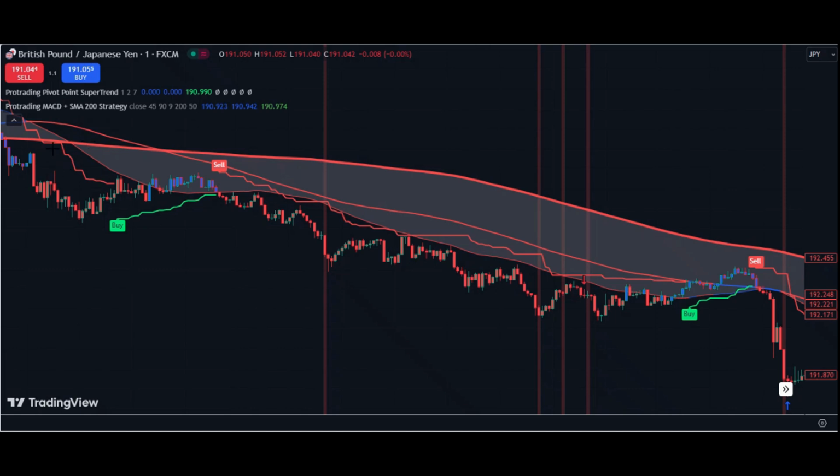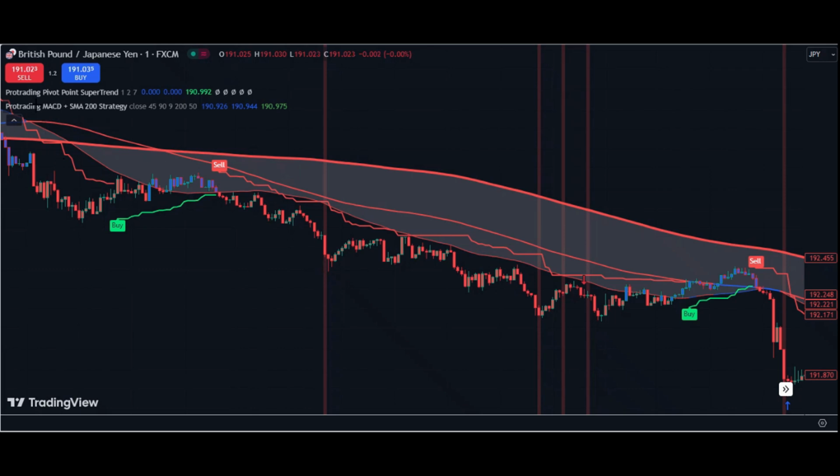Once price is trading below the indicator, as you can see, we are currently in a downtrend. When we are in a downtrend, we only consider selling opportunities in the market. We don't do anything about buying.